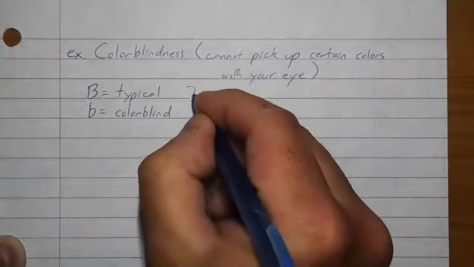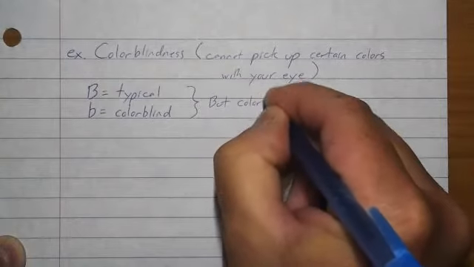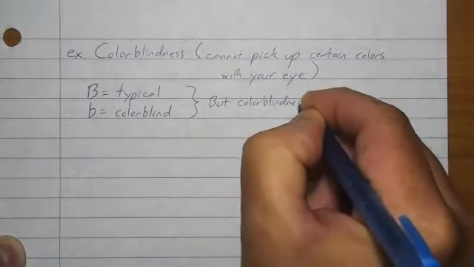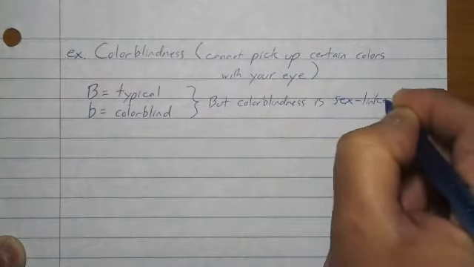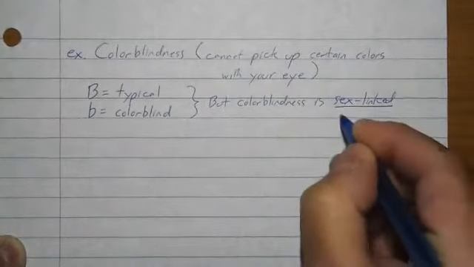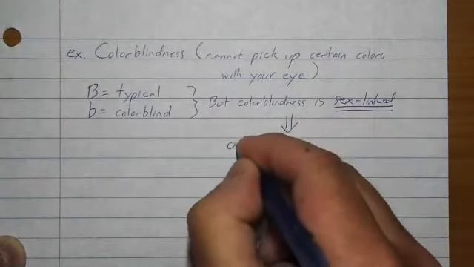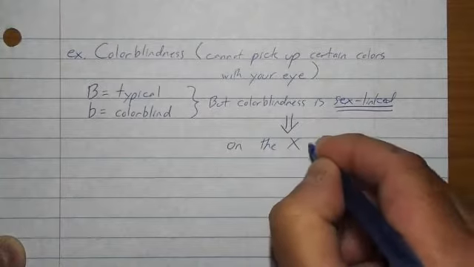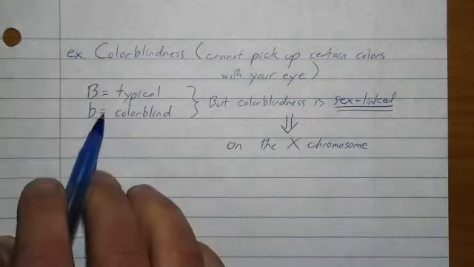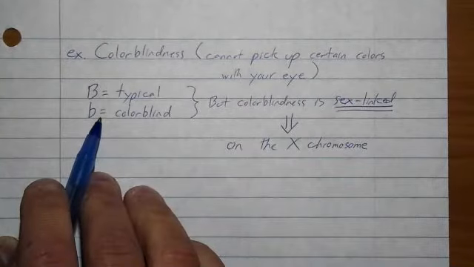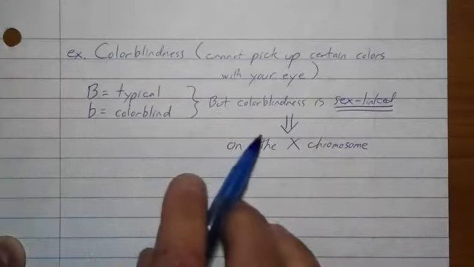But colorblindness is sex-linked. And so how does that make things different? What that means is that it is on the X chromosome. So you don't actually write this. These are not your options for your letters because you have to put them on the X chromosome.